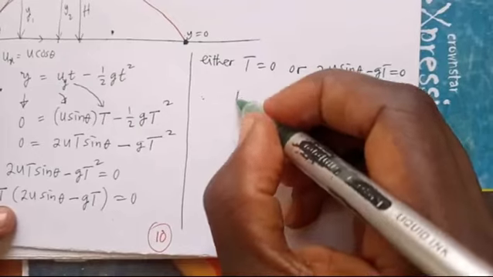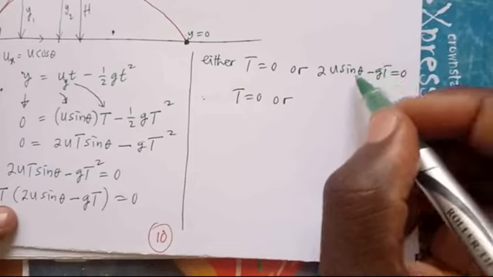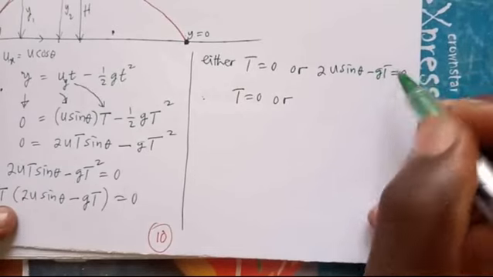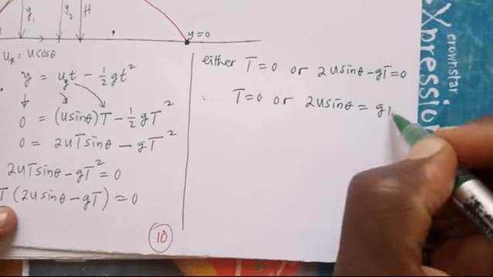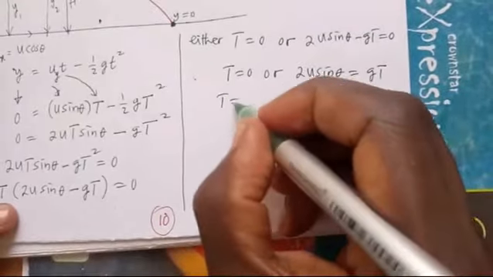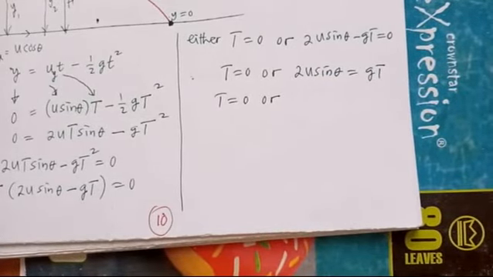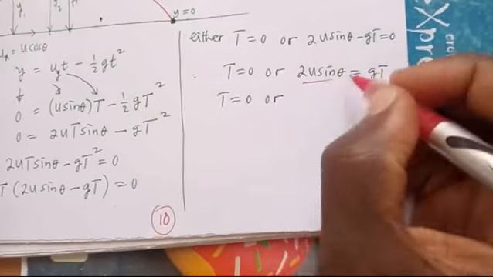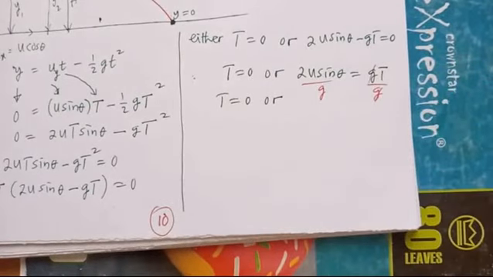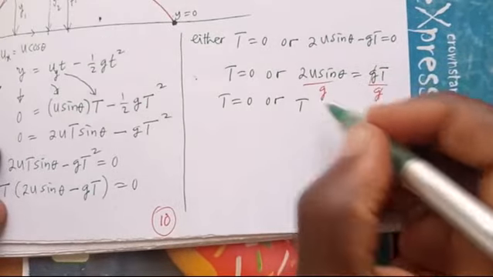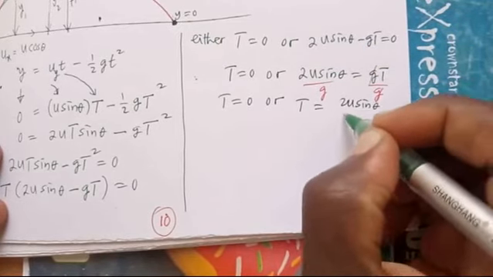So we continue and say T is equal to 0, or in the second equation, we can take this to the other side. So we have 2u sine theta is equal to gT. We can now divide both sides by g in order to make T the subject of the formula. When we do that, g cancels g here, and our T is equal to 2u sine theta over g.